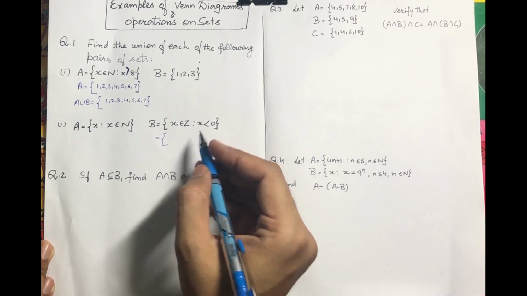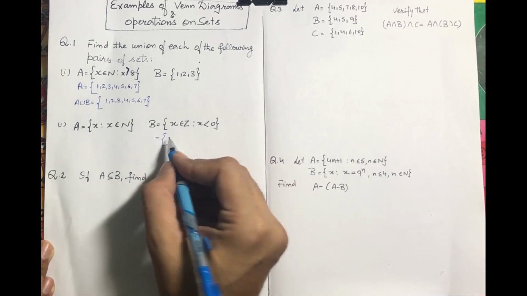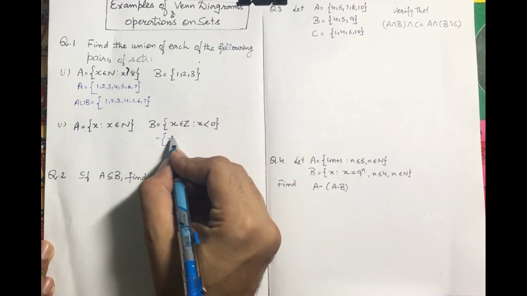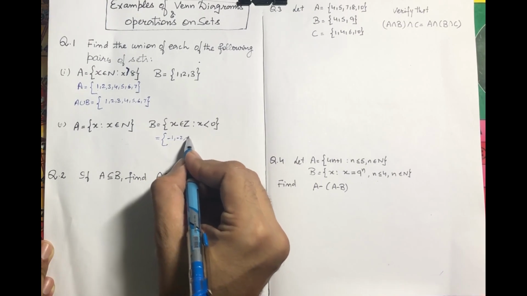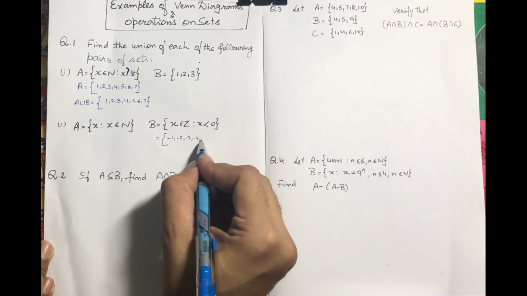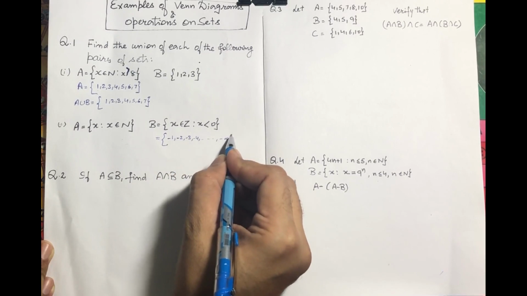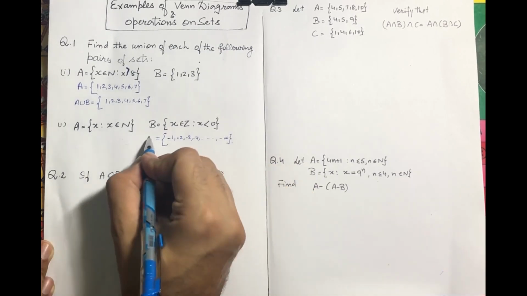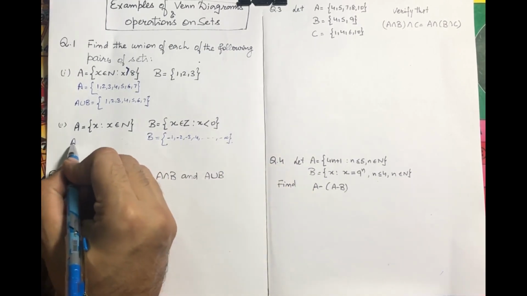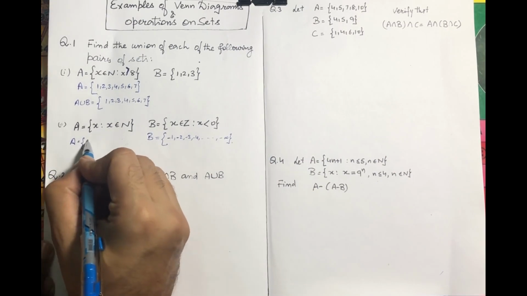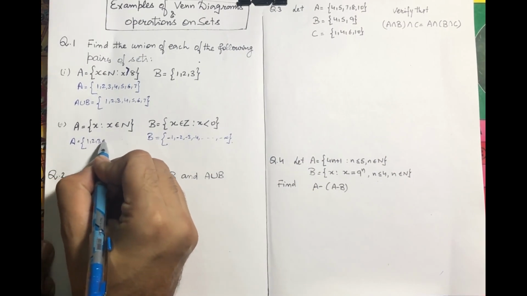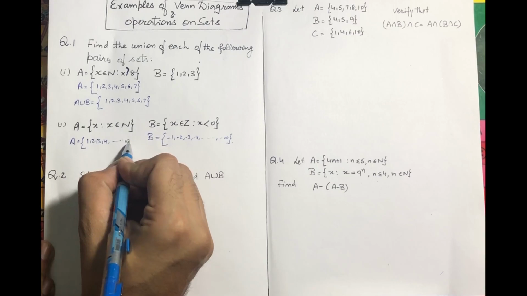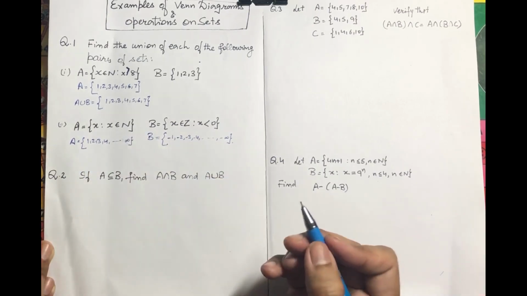They are of the form -1, -2, -3, -4, up to minus infinity. This is B. And A is 1, 2, 3, 4, all natural numbers up to infinity.